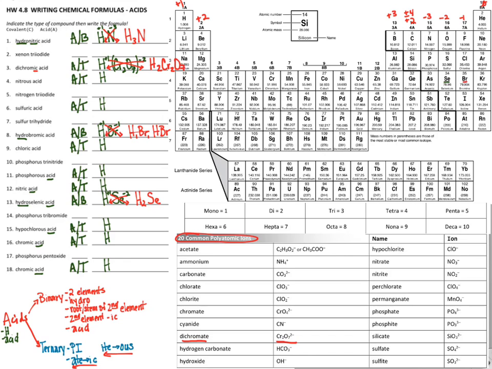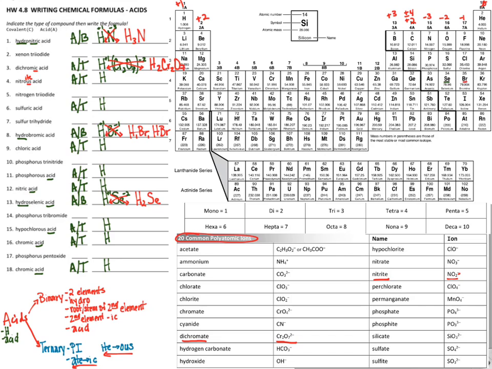All right, so next one we have nitrous acid, and then an ous. So this is reverting back to ite. So this one is talking about nitrite. So again, I'm going to look for nitrite on my list. Here's nitrite, and here's my formula. My oxidation charge, again, is a -1. Okay, so I'm going to write that down.